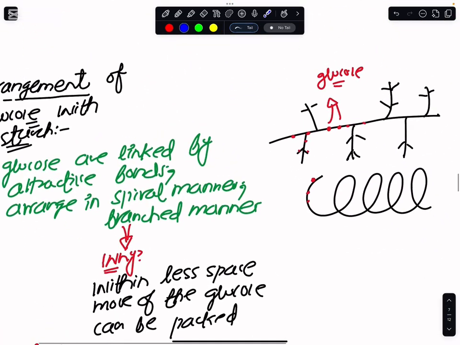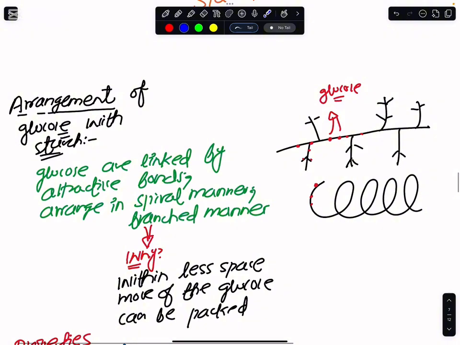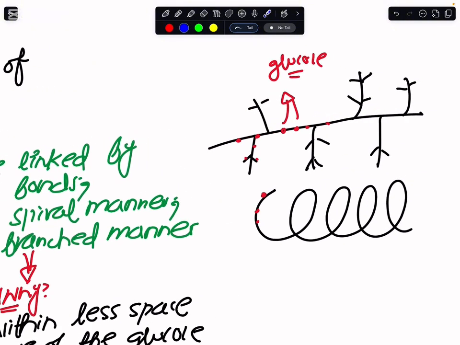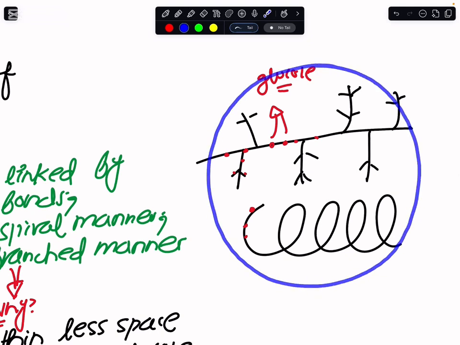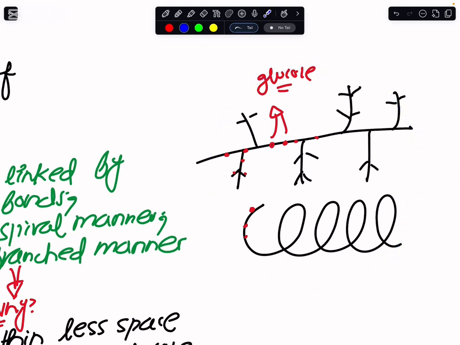Now the other scenario is: in the starch, how would the glucose molecules be linked? Since in the plants we have to make sure that in less space we should be able to store more of the glucose, I have two options to do so. I would take the glucose molecules and keep on linking them with one another, and I can arrange them in a spiral manner.